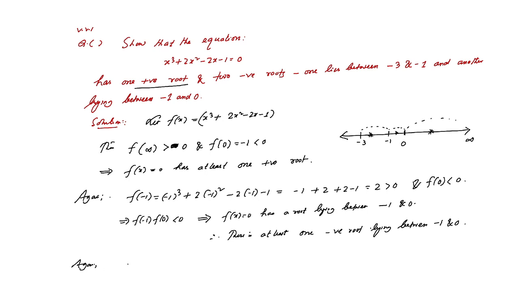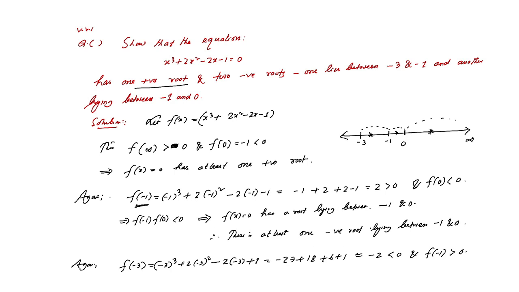Again, you calculate f of -3, that means (-3) cube plus 2 into (-3) square, plus 2 into (-3), plus 1. And you will see this value is -27 plus 18 plus 6 plus 1, equals -2, which is less than 0, whereas f of -1 is greater than 0.